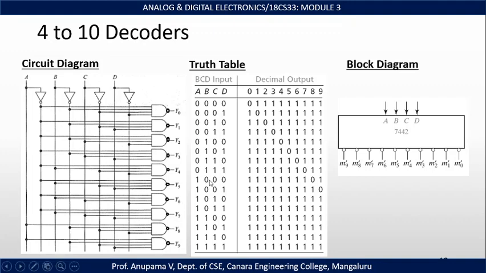Similarly, if I see the entry in the truth table 1000, according to our definition, Y8 should be set to 1 and all other remaining outputs should be set to 0.